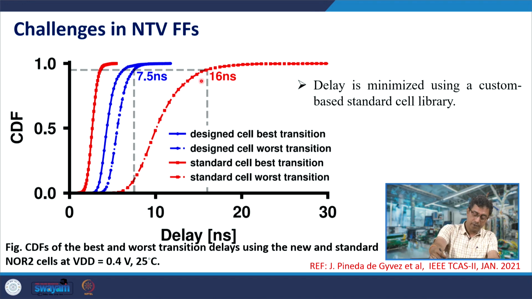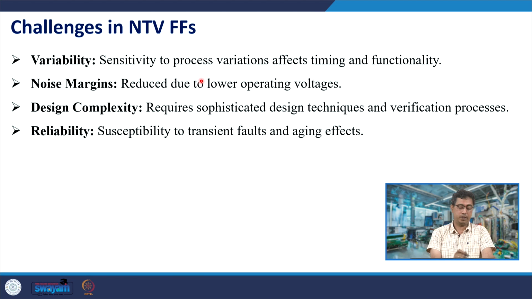These variations are very hard to handle using design techniques. So, what are the major issues? One is variability, the other is noise margins, because your supply voltages are smaller, so noise margins are again smaller. To overcome these issues with variability, design complexity can be increased, and the reliability of circuit operation is affected.